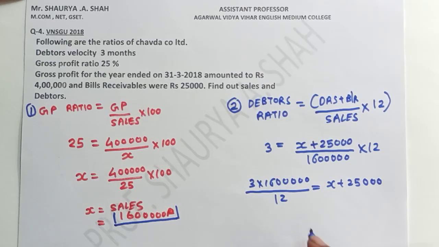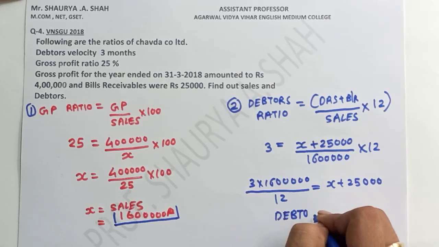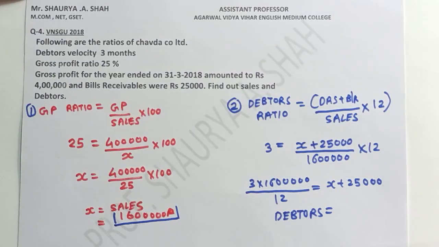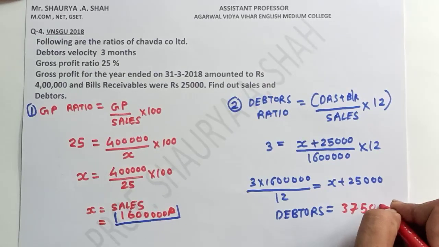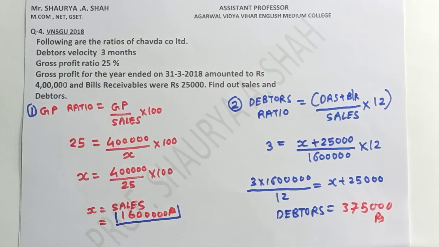So when you solve it, your answer will be debtors is equals to 3,75,000 rupees. 3,75,000 rupees will be my final answer.